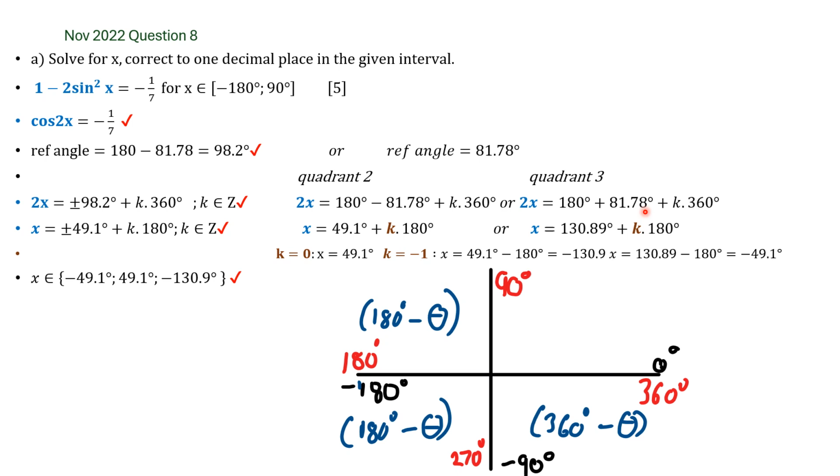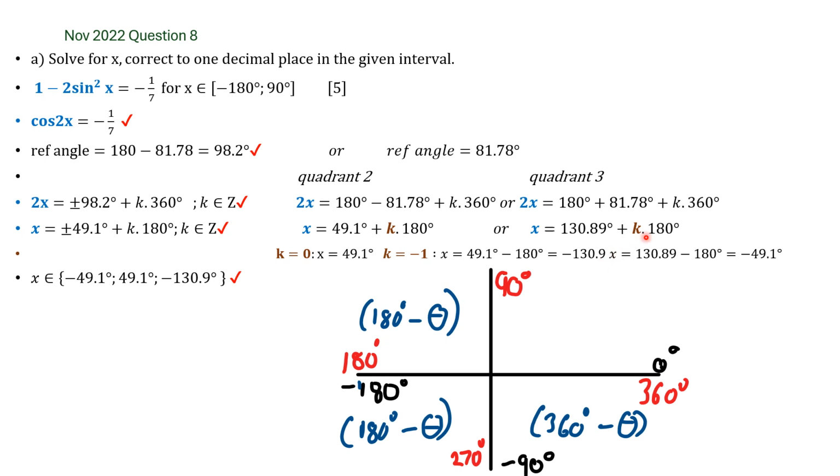261,78 divided by 2 gives me 130,89. 360 divided by 2, 180. There also 360 divided by 2, 180. K is an element of integers, right? Then if I put in 0 there, that gives me 49,1. If I put in minus 1, minus 180 plus 49,1 would give me negative 130,9.